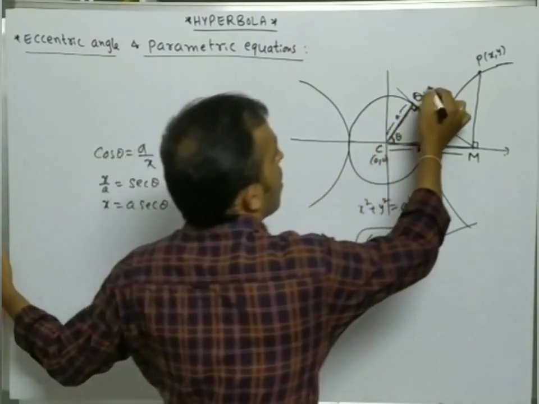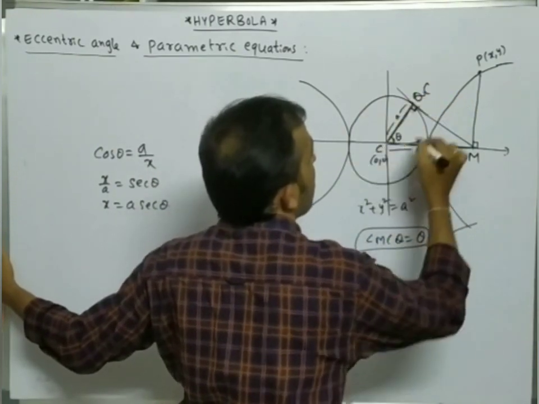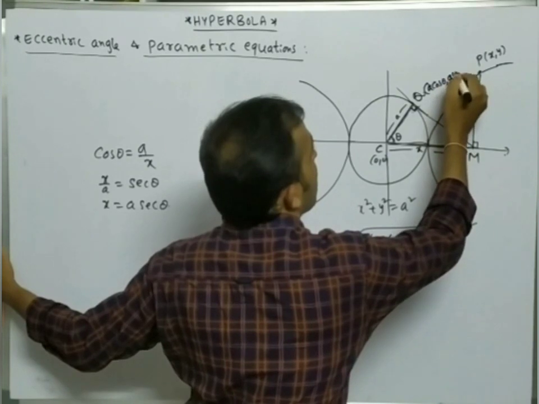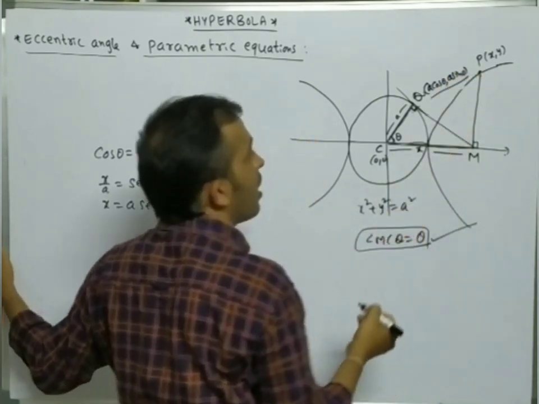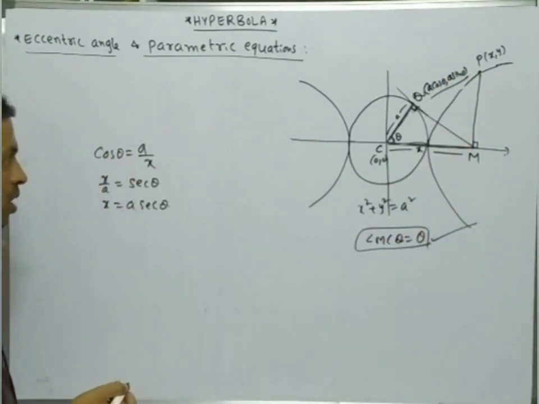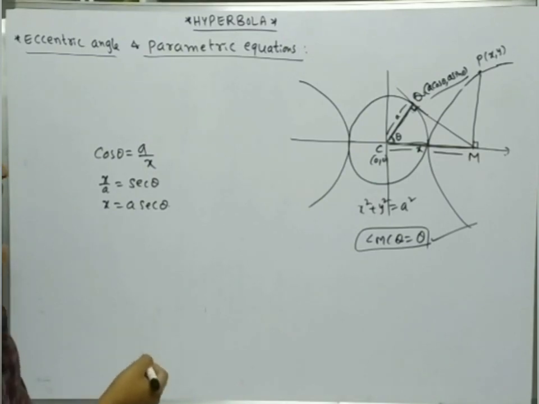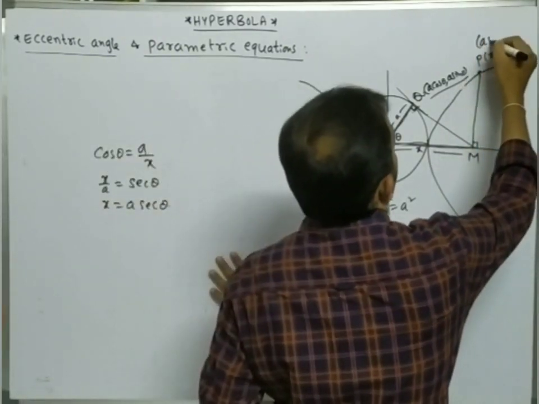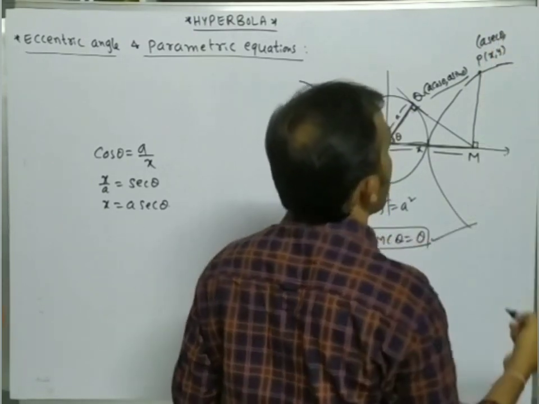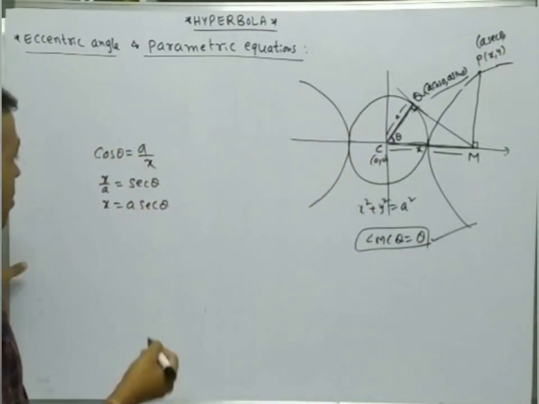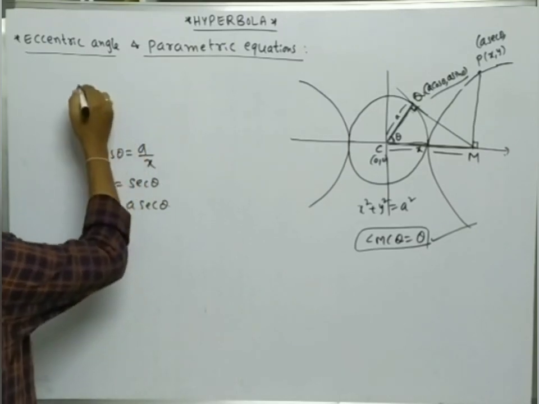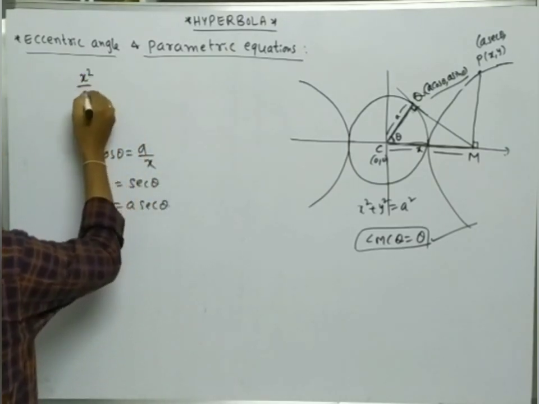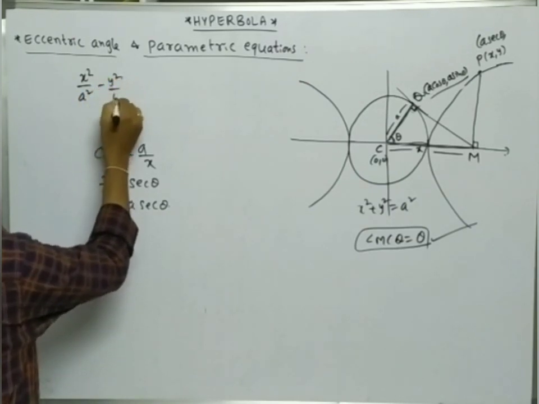For a point on the circle, the parametric form is a cos theta comma a sin theta, as you already learnt in circles. Here, for the x value we got a sec theta. Next, substitute x is equal to a sec theta, since that point is on the hyperbola, in the hyperbola equation.